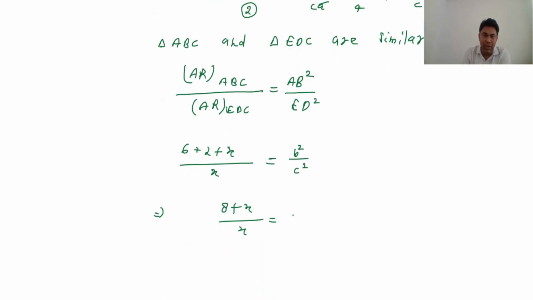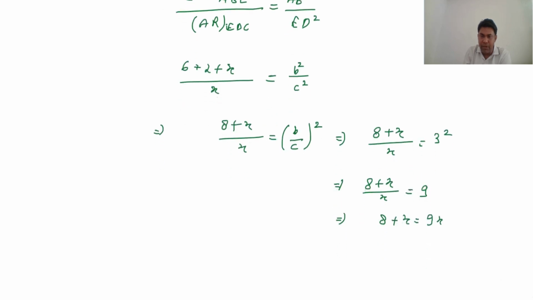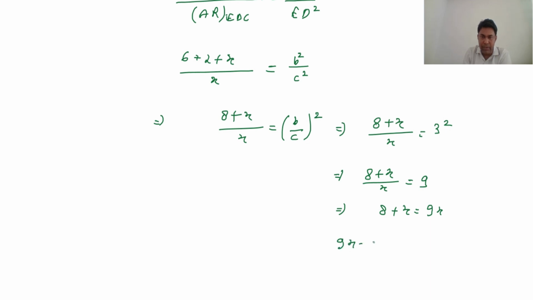If we put this value into the result, B divided by C raised to 2, we conclude that 8 plus x divided by x is equal to 3 square, that is 9. Further we will have 8 plus x is equal to 9x. So 9x minus x is equal to 8. That means 8x is equal to 8. After simplifying this we will have x is equal to 1 unit.